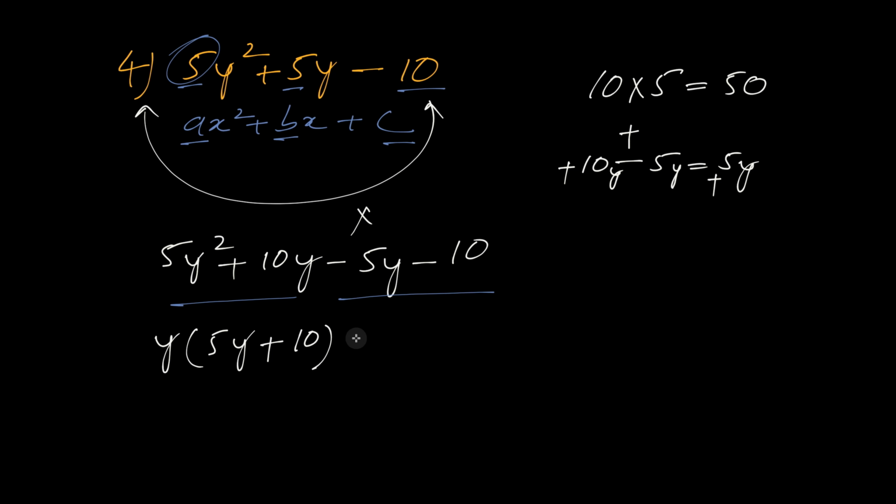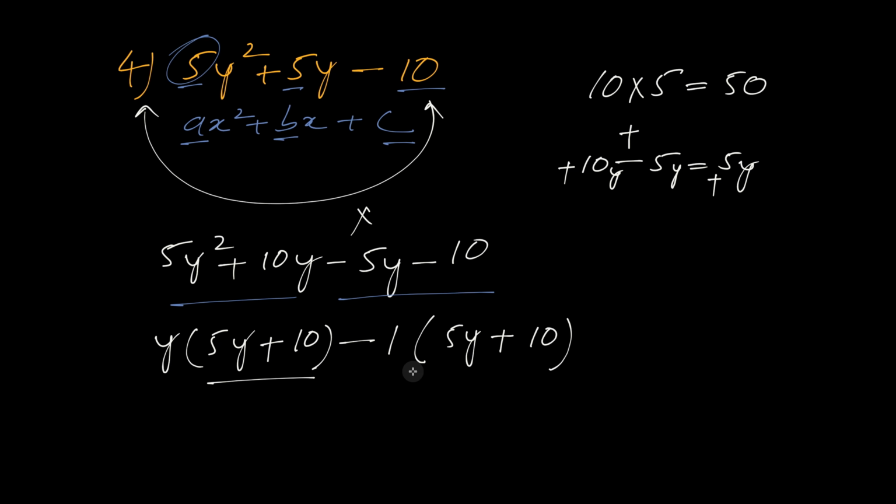Okay, minus, now what is common between these two is just a 5. So instead of writing 5, I'm going to take just 1, even though the 5 is common, but I have to get it in this format. If we take minus 1, then I'm going to get plus 5y plus 10.